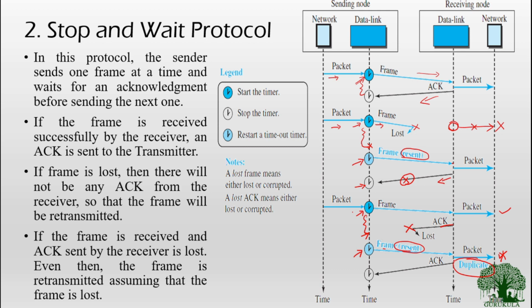In order to overcome these types of drawbacks, we go for the other types of protocols. Also, in this type of protocol we send only one frame at a time and wait for an acknowledgement, which is very time consuming.